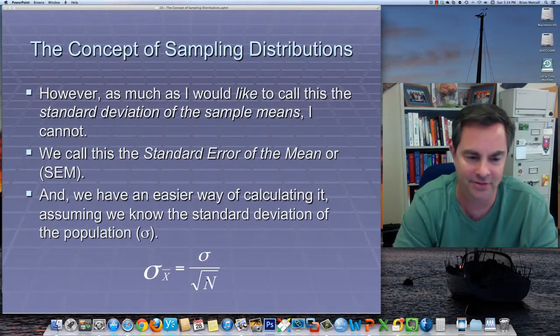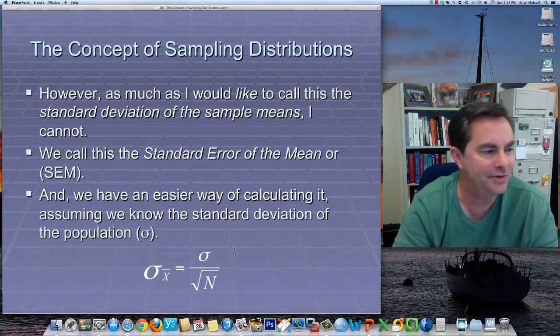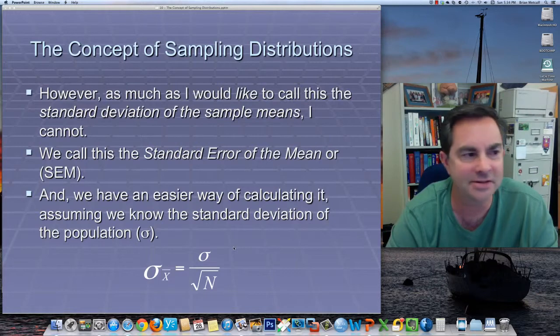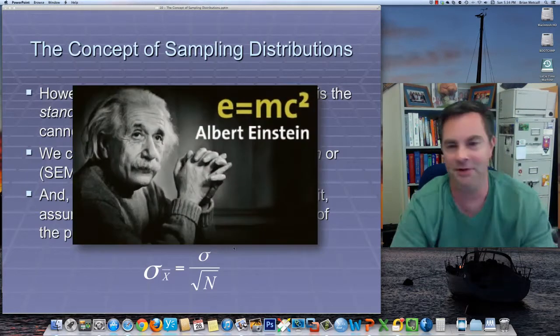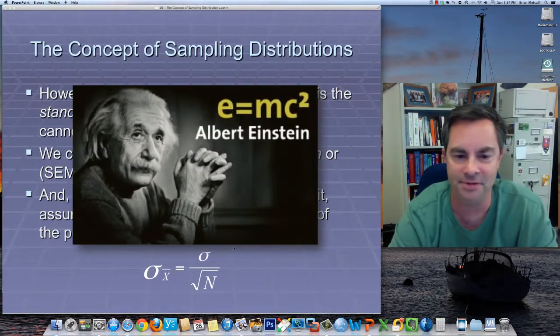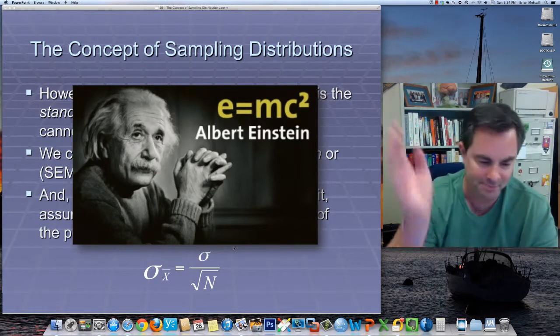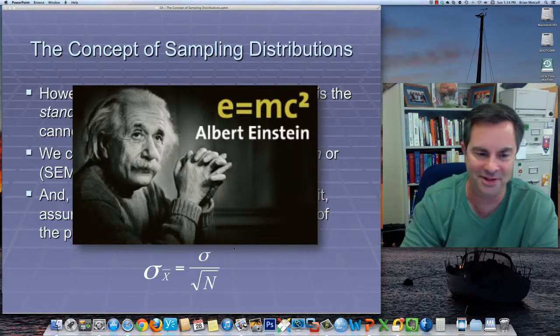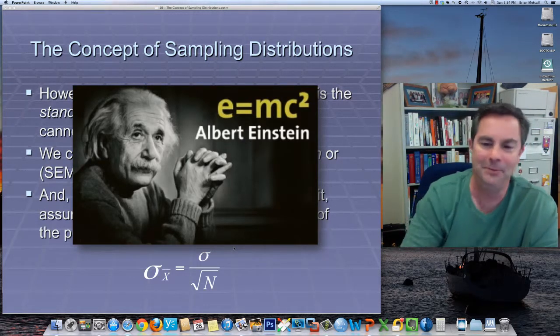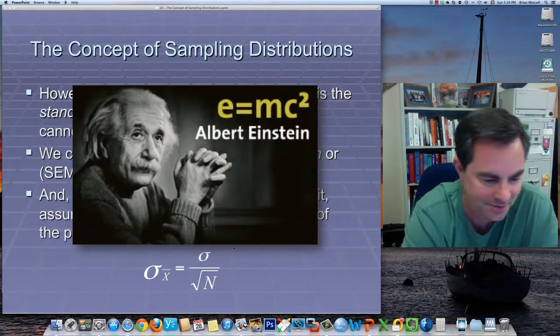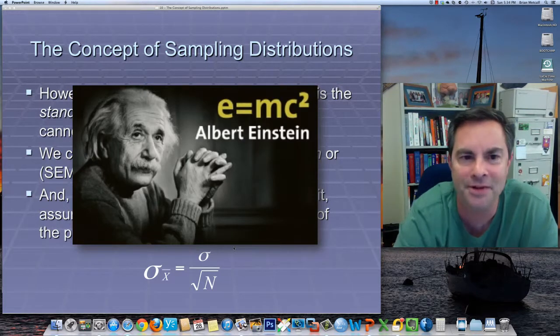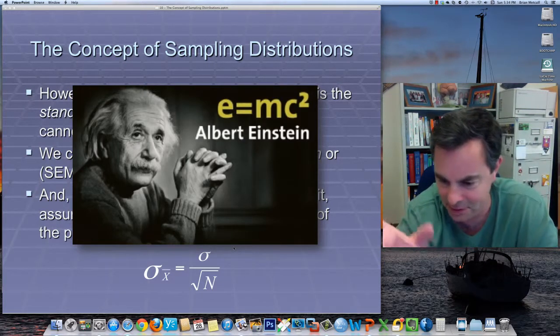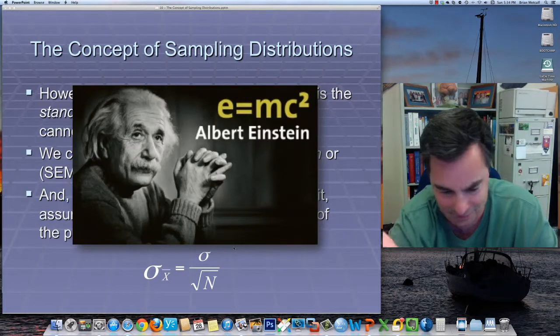And look at how elegant this is. In physics, everybody knows Einstein. Everybody knows Einstein's brilliant, famous equation, E equals mc squared. Famous. People love that formula. Not many people understand it or the ramifications of it. Energy equals mass times the speed of light squared, okay?